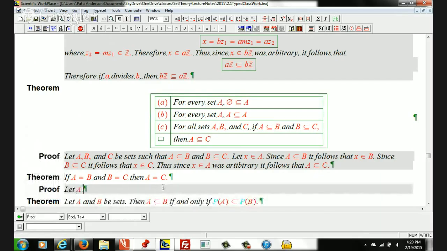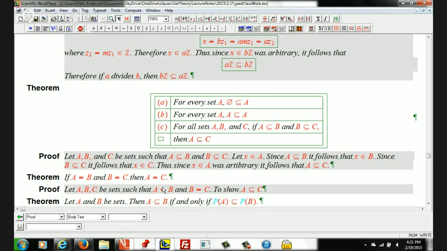Let A, B, and C be sets. I'm going to have A equals B and B equals C. To show that, we have to show containment going both ways.